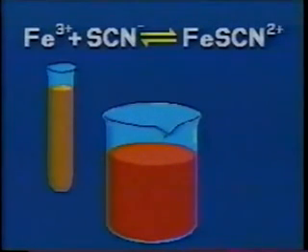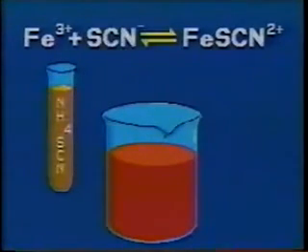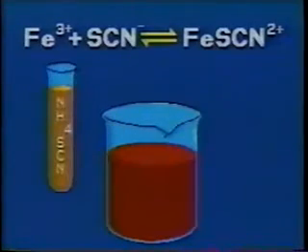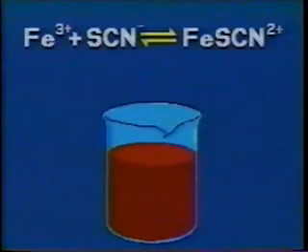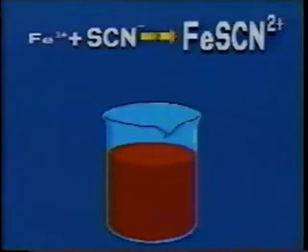Now, a source of only one of the reactant ions, the thiocyanate ion, is added in the form of crystals of ammonium thiocyanate. The color of the solution deepens. What's happened? The increased concentration of thiocyanate ions reacts with ferric ions to produce more of the iron thiocyanate complex until a new equilibrium is established.